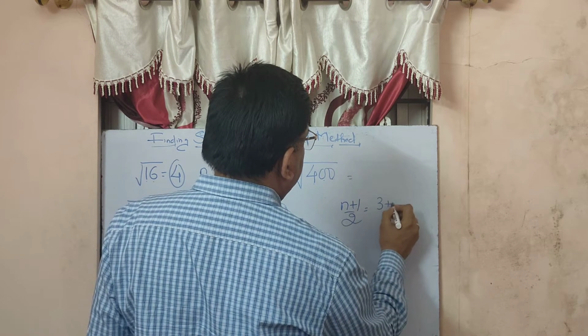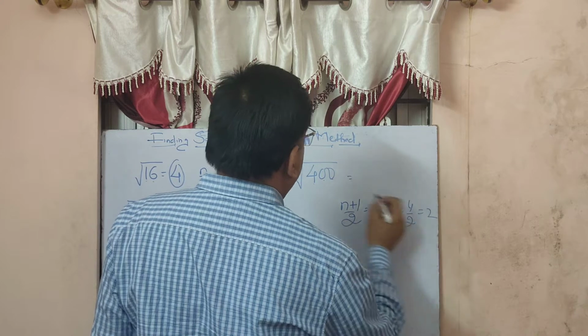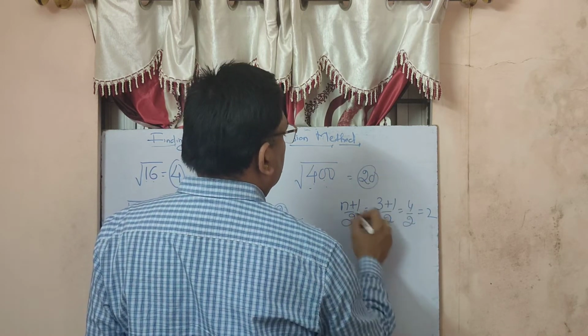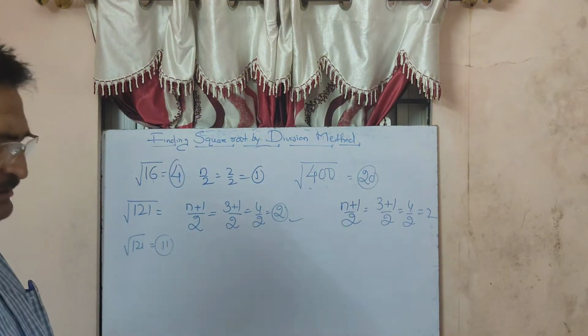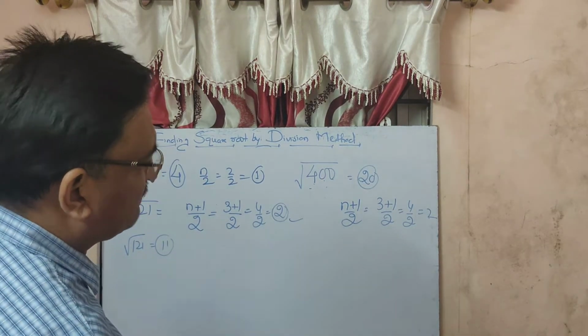N is 3, 3 plus 1 upon 2, that is 4 upon 2, that is 2. The square root of 400 is 20. You can see 2 digits. So this is the way we can, without calculating, easily say the number of digits a perfect square has. This is one of the important aspects you need to remember.